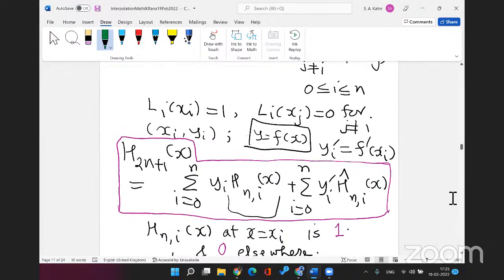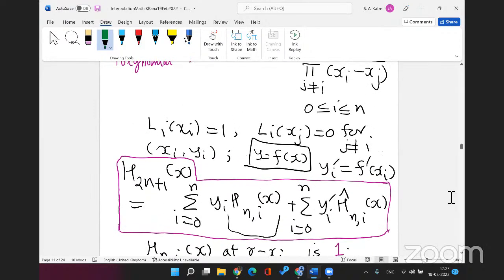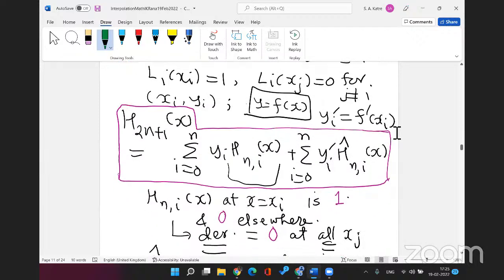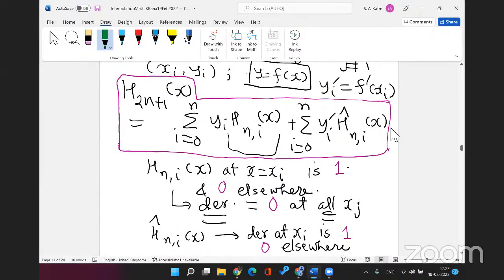If you look at the Lagrange polynomial, suppose Li, it has the property that Li(xi) equals 1 and Li(xj) is 0. That is how these properties are useful for Li. So here also Hermite considers similar things.